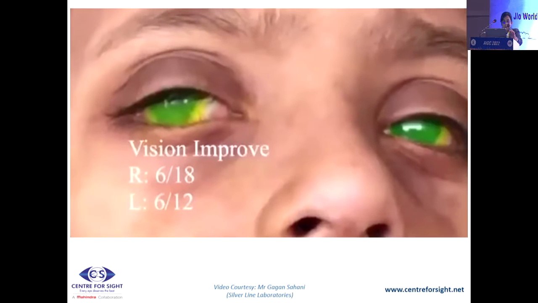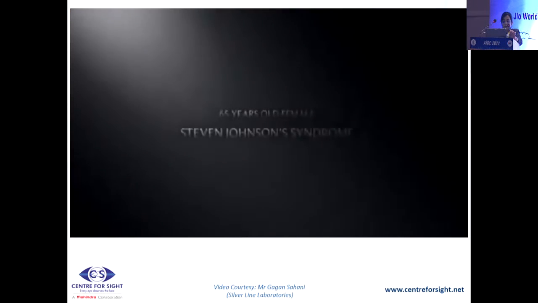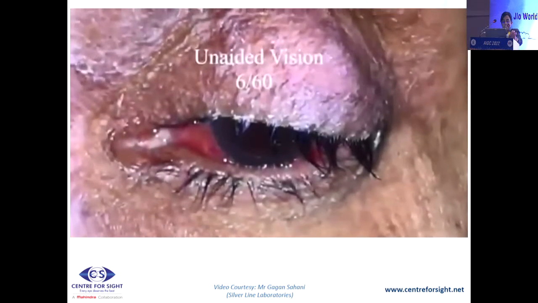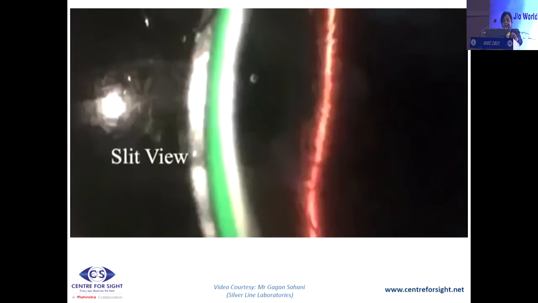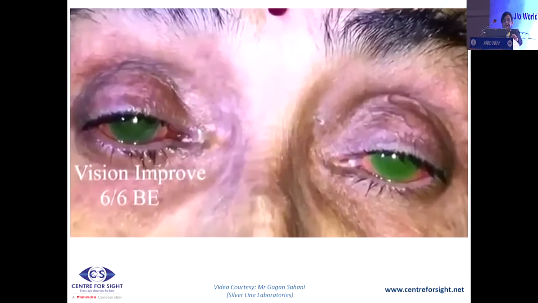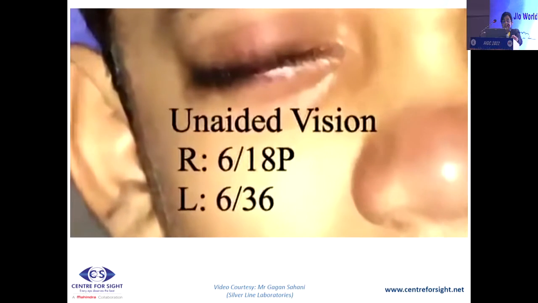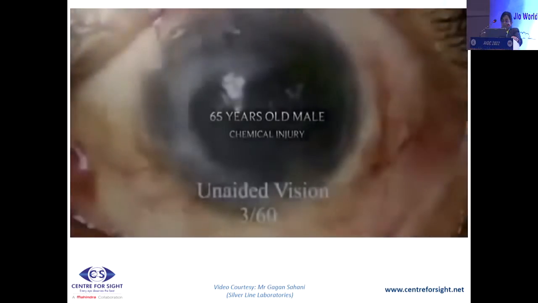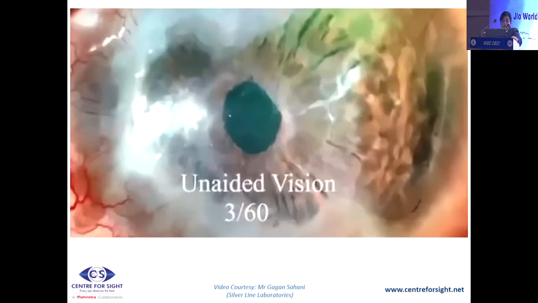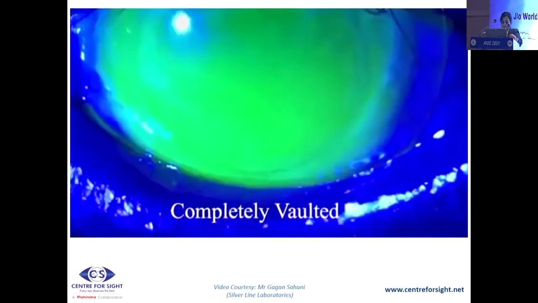With scleral contact lens, we could give him a visual acuity of 6/18 and 6/12 in right and left eye respectively. Another case where the unaided visual acuity was 6/60 could be improved with the scleral lenses up to 6/6 in both eyes. And another case of Stevens-Johnson where the visual acuity improved to 6/9. Also in cases of chemical injury, the lenses have been seen to provide good vision.